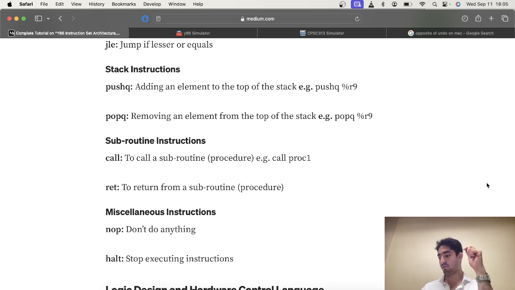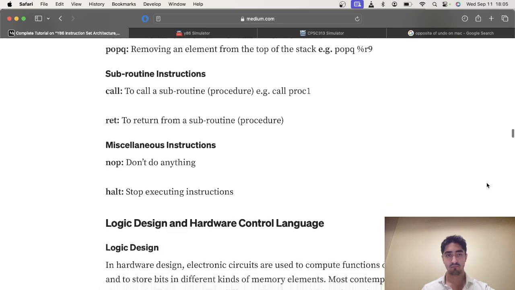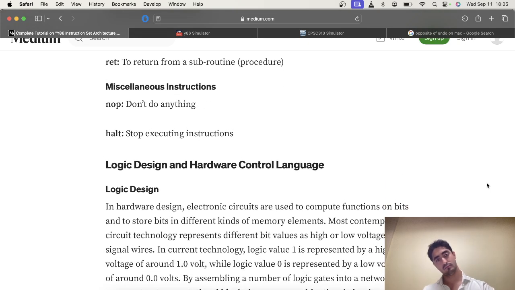And then we move to subroutine instructions. Then we have call and ret. Then miscellaneous instructions.